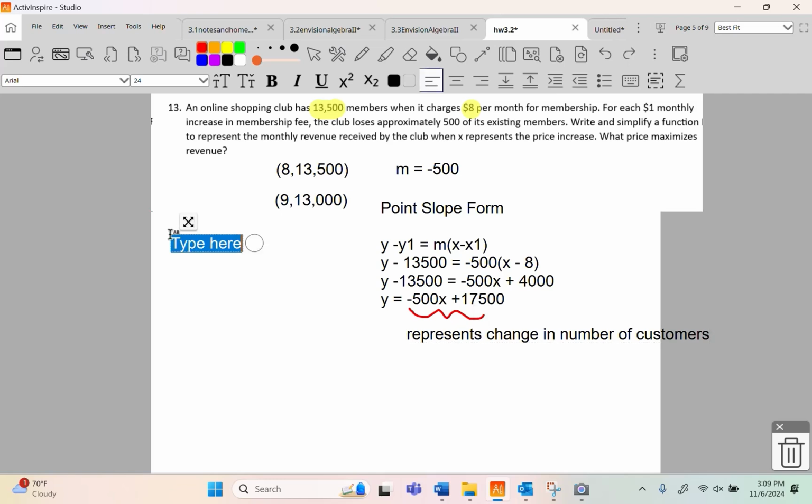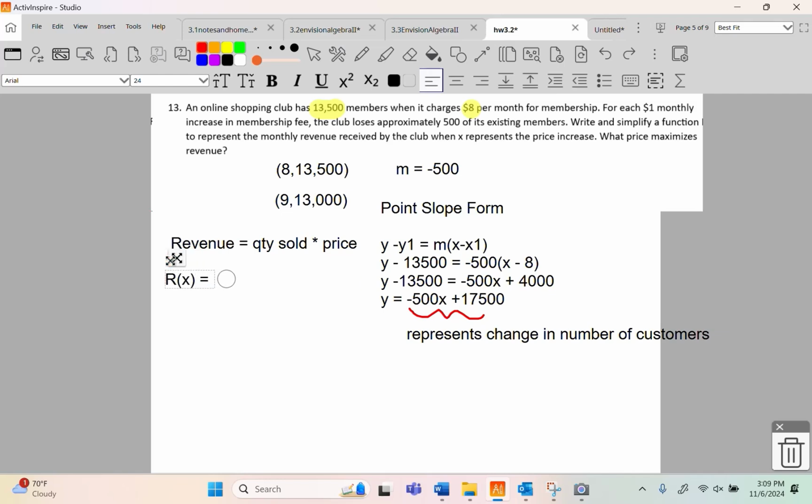All right, from basic economics, revenue is the quantity sold times the price. And X represents the price increase. Well, we're just going to let X be the price because it can start at $0, then you increment, okay? So this is revenue as a function of X, by the way.